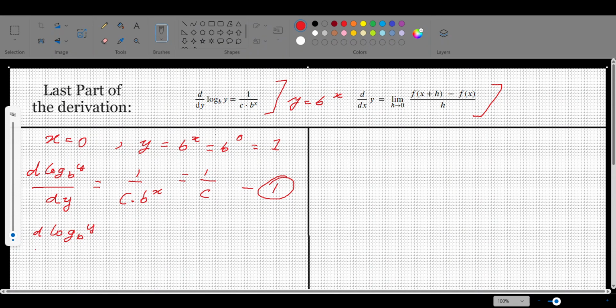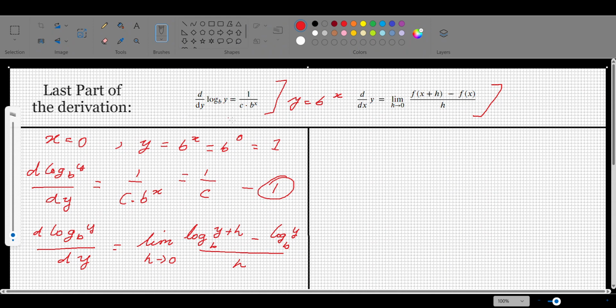we'll find the derivative of the logarithm using the fundamental theorem. This says limit h tends to 0. Now here our function is the logarithm of y. So this would be equal to log of y plus h to the base b, subtracted by log of y to the base b, divided by h.